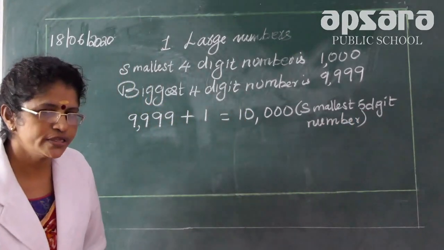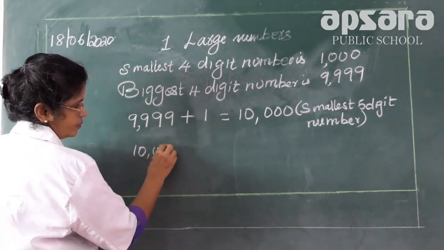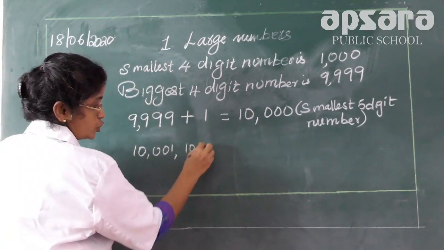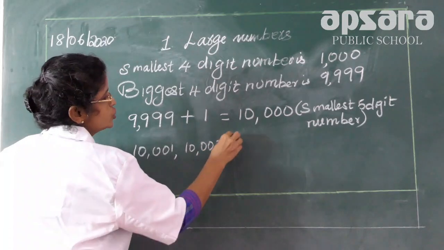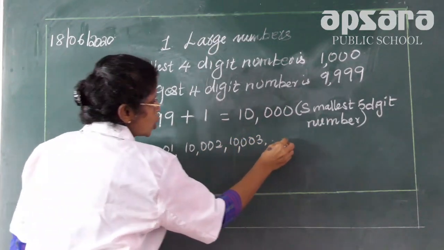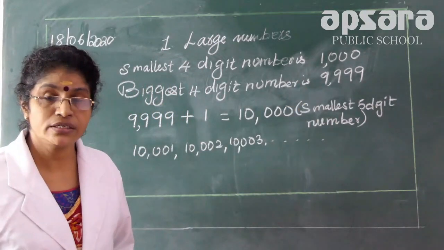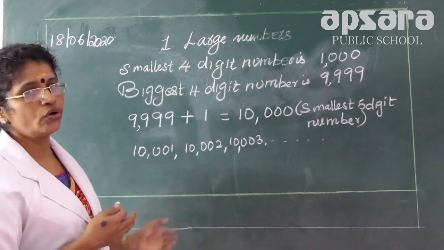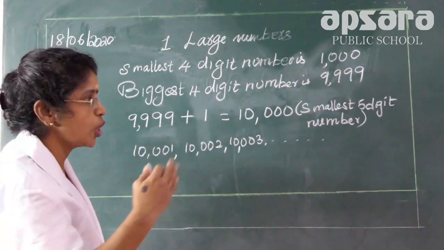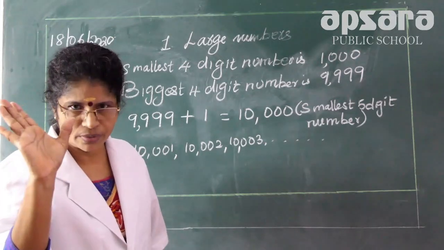So what is after 10,000? It's 10,001, 10,002, 10,003. It goes on. And where does it end, my dear students? 10,004. I cannot write all the numbers. So it goes on and ends with the biggest 5-digit number.